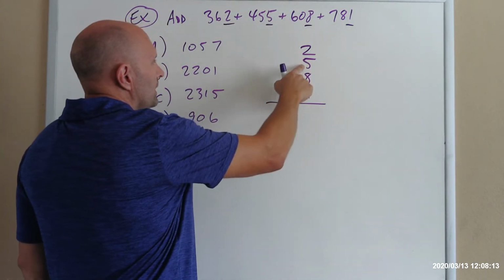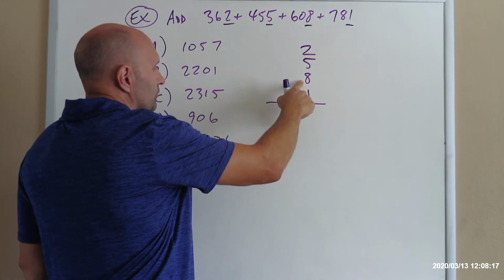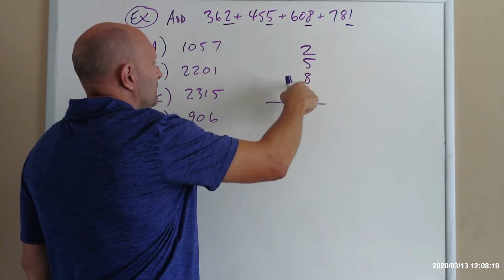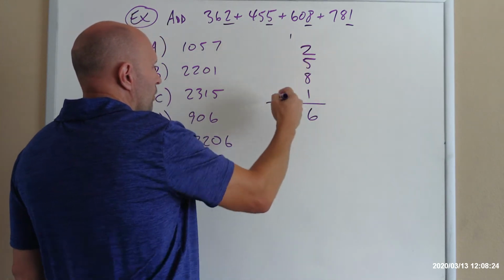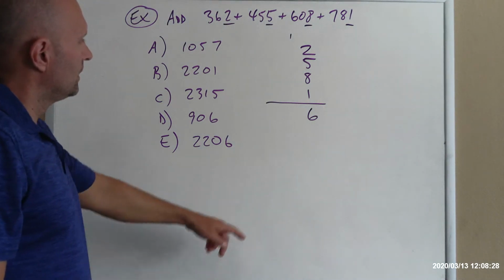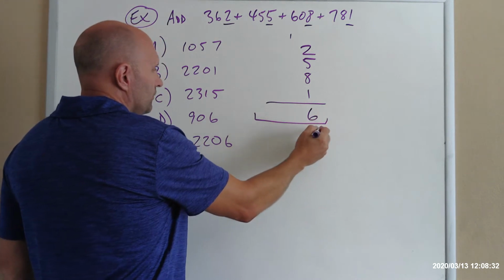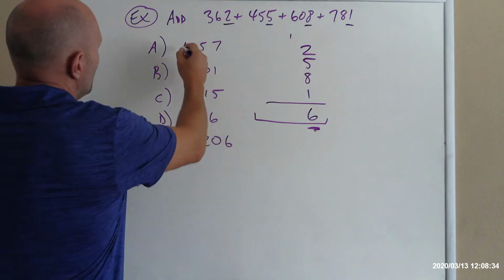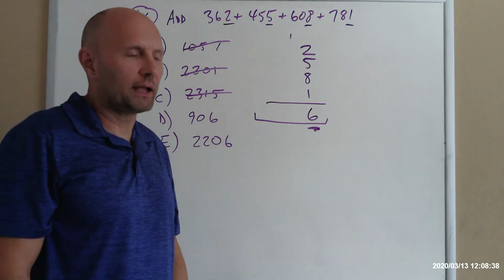Add these up, what do we get? 2 plus 5 is 7, plus 8 is 15, plus 1 is 16. So it would be a 6, carry the 1, and we would do the rest of the math here. Well, the number we're going to get as our final answer ends in a 6. Well, none of these end in a 6, so right away I know those can't be the possible answers.